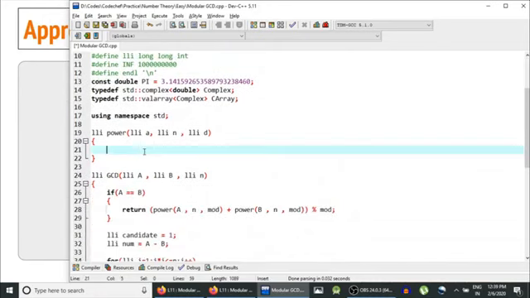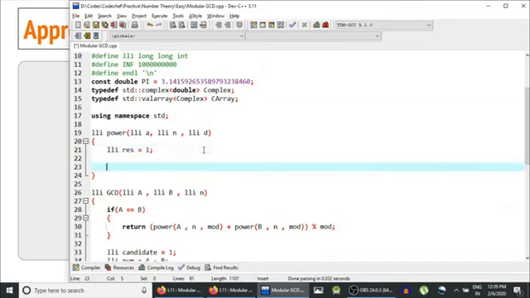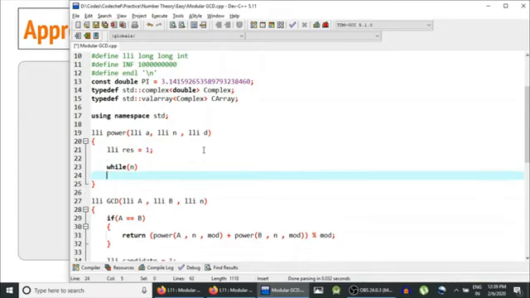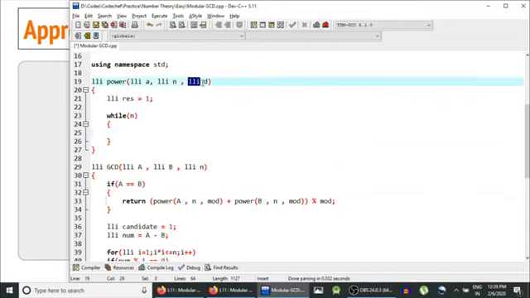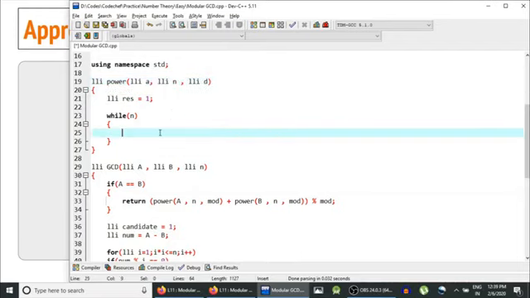Now the power function. You remember this is while n is greater than 0, and this is nothing but the binary exponentiation function, and now we are using it for exponentiation with modulo, or basically modulo exponentiation.